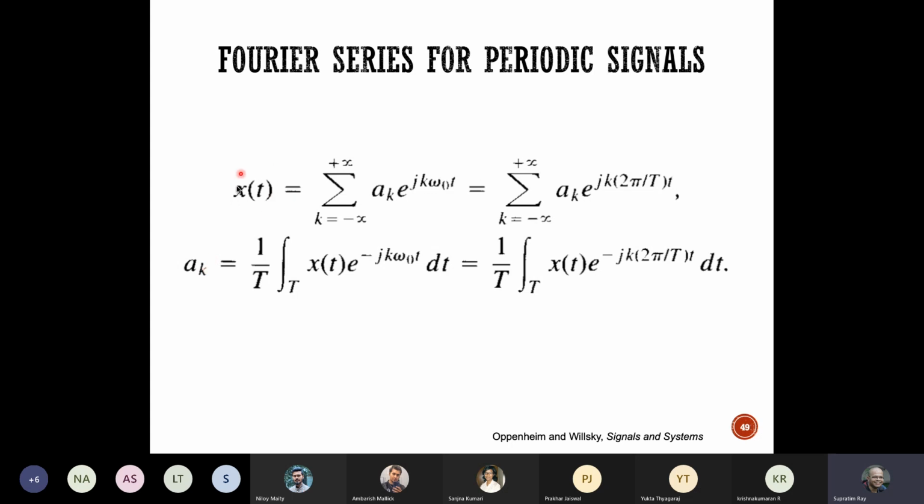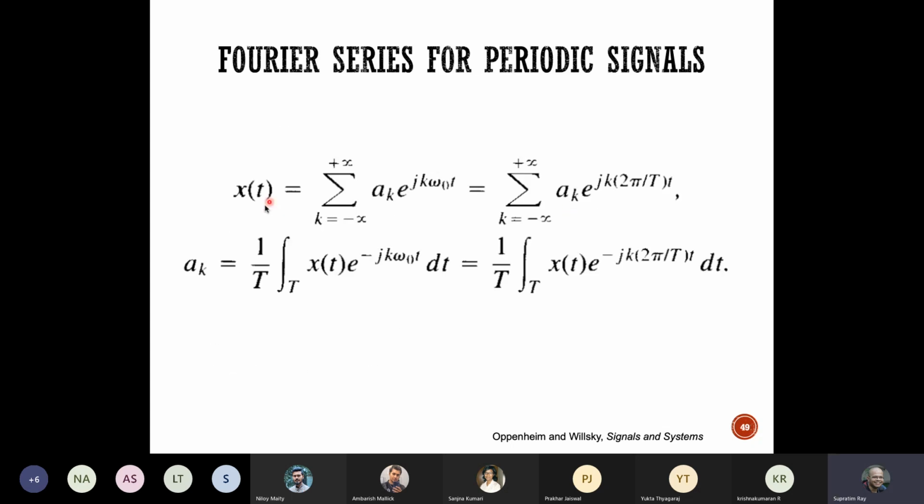Okay, so if I give you the signal xt, all you have to do is integrate like this over a period of 2t. It could be any period of t. It turns out this works out well because this signal is periodic. And you get your AK. Okay, so and then if you have all the AKs, if you use this formula, you'll get back xt.